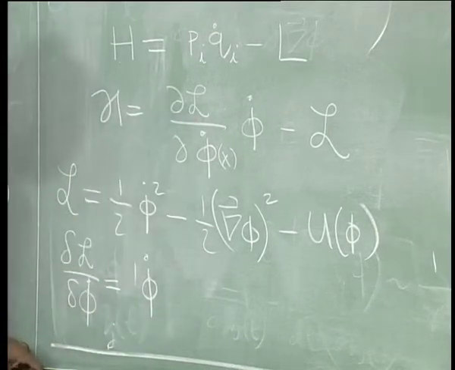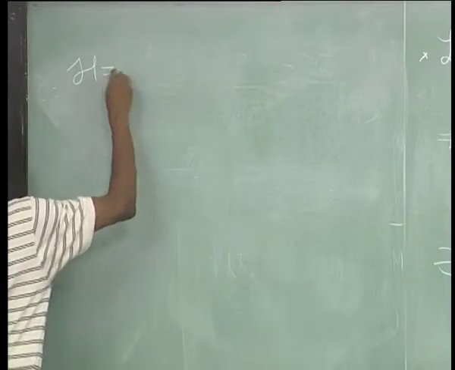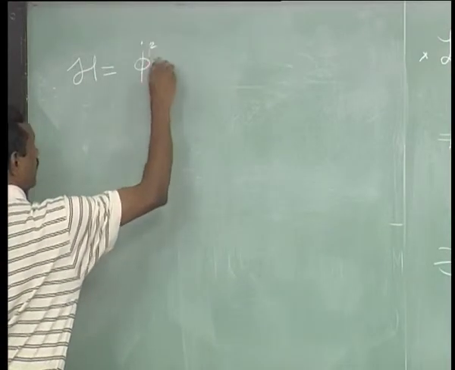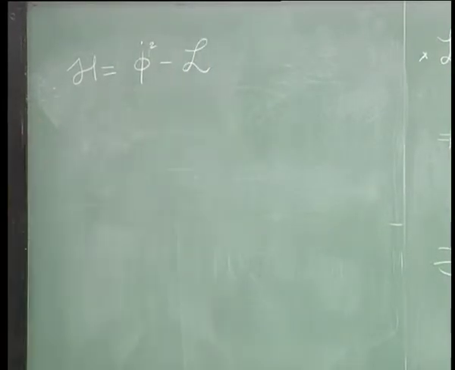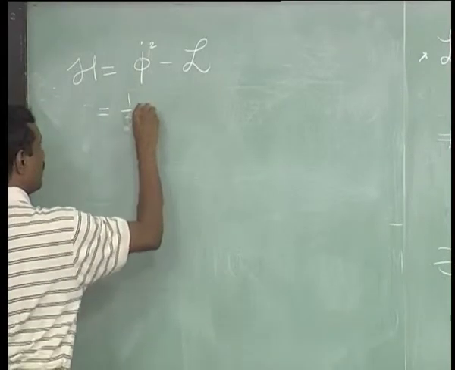So, we can put this back here, and we can look at what the Hamiltonian density is. We will prove that this is conserved, etc., but that is not what I want to do. I want to connect up with something in my discussion earlier. So, this would be just phi dot square minus L. Okay. So, now I just plug things in there, I get something very, very nice.